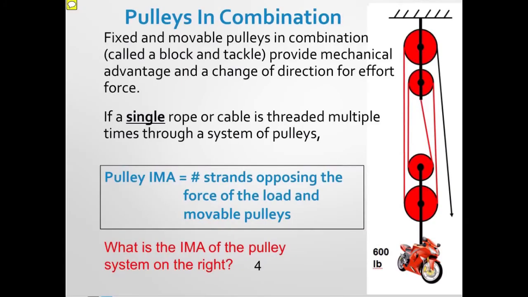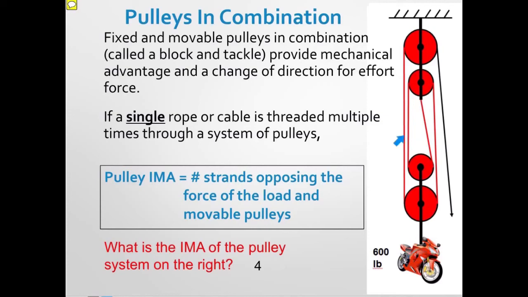The third type of pulley we're going to look at is a fixed and a movable pulley combined together, and this is called a block and tackle. It is going to provide the mechanical advantage and a change of direction for your effort force. To find the IMA for this pulley system, we're going to count the number of strands supporting this weight.